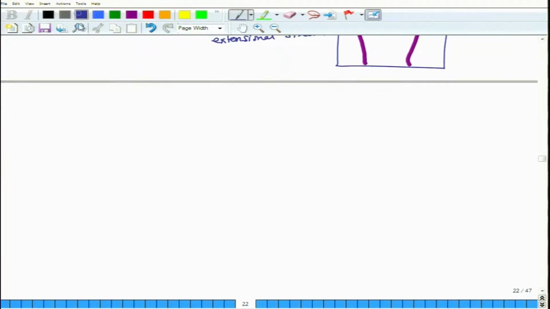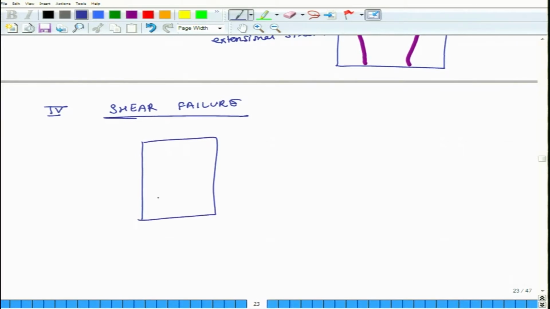Okay. And the fourth case could be shear failure. So, what happens here? You have the composite and these are all the fibers.